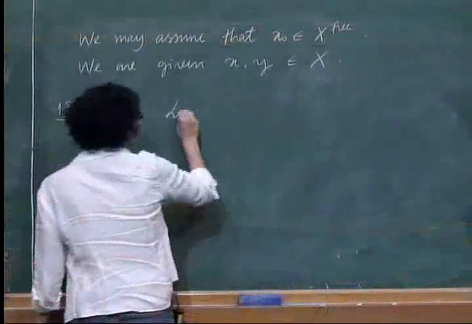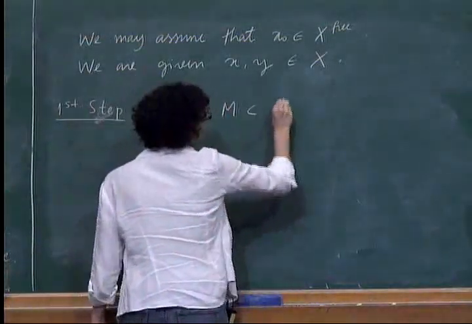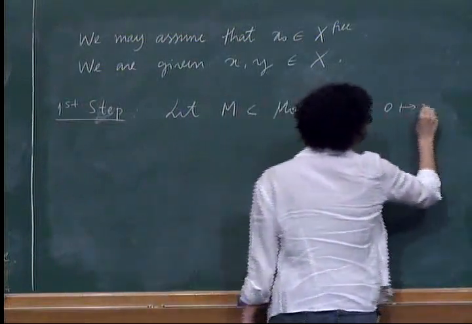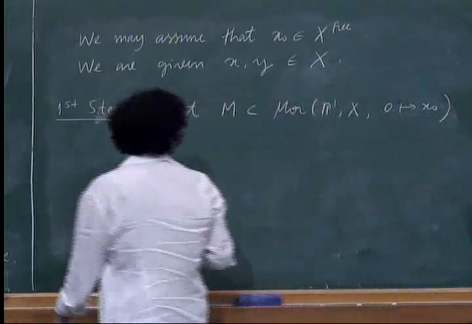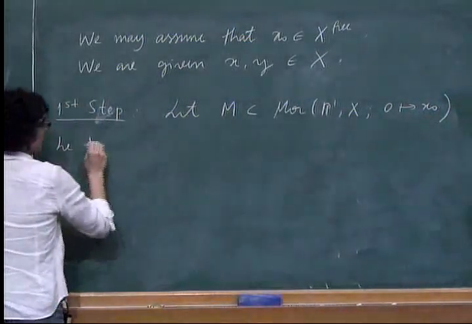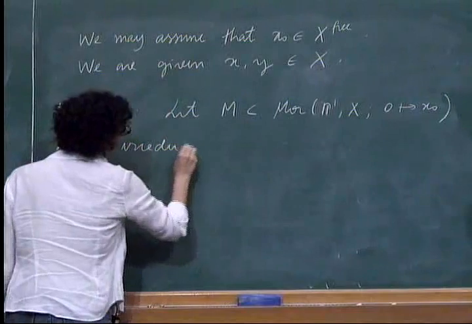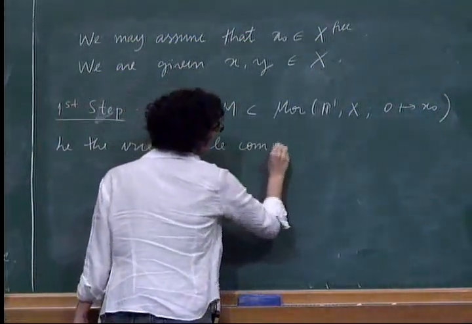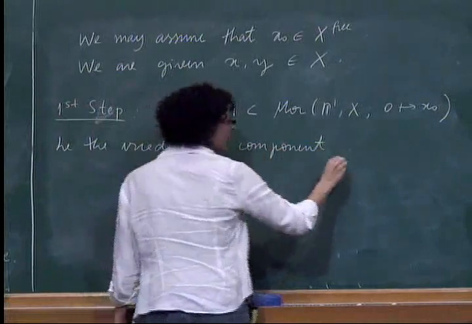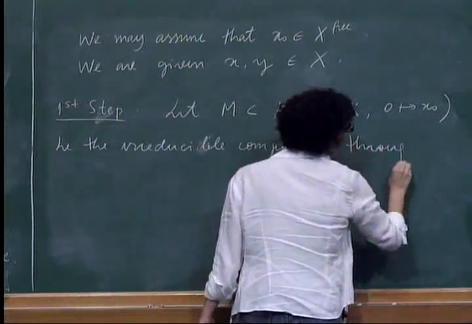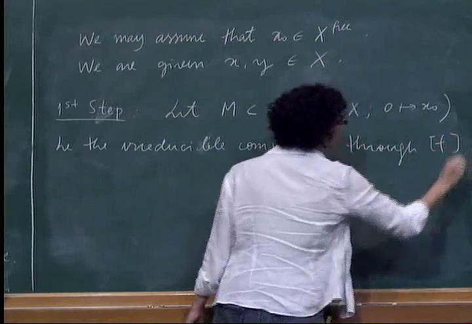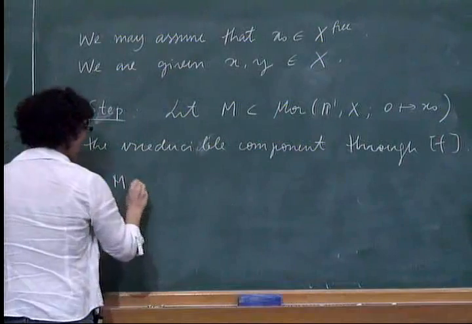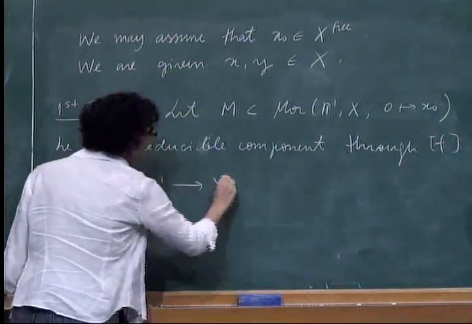So let M, the space of morphisms from P1 to X sending 0 to x0, be the irreducible component through f. We know that the evaluation map from M cross P1 to X is dominant.